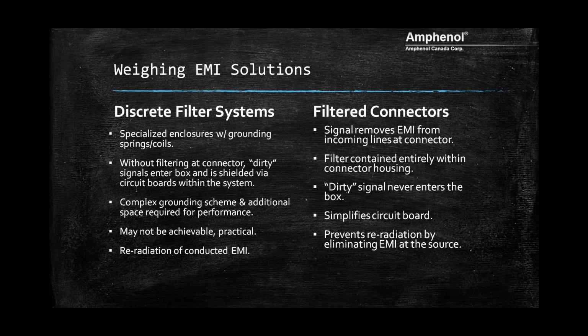There's a lot of components to the system that need to be anticipated for this EMI radiation. And then again, you might get some re-radiation from the circuit board itself.